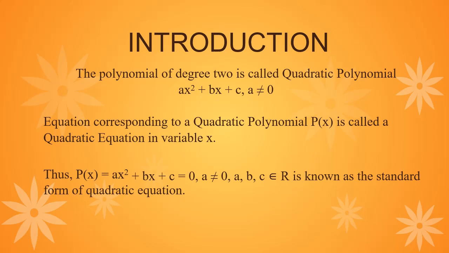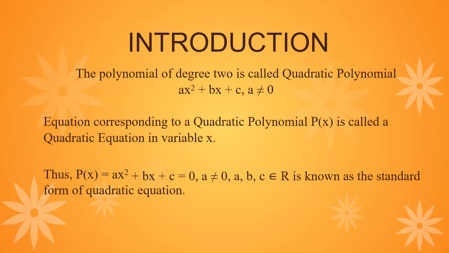What will happen if a is equals to 0? Then our quadratic polynomial gets converted into linear polynomial. Now, equation corresponding to a quadratic polynomial p of x is called a quadratic equation in variable x. See, ax square plus bx plus c is equals to 0.